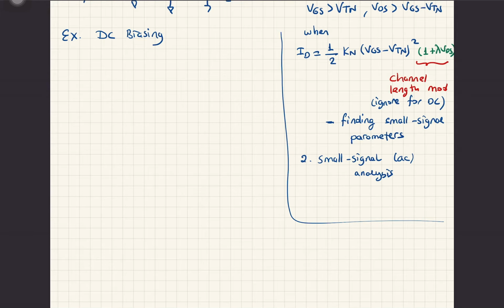Assume that we have a circuit given by this schematic. VDD, let's say RD, which is equal to 620 ohm. RG given by 1 mega ohm.